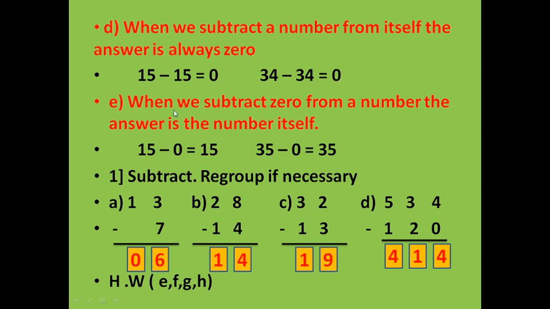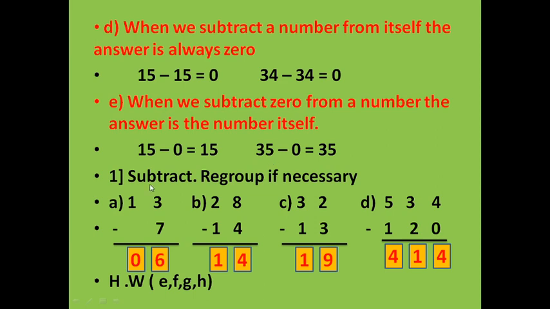And when we subtract 0 from any number, the answer is the number itself. If I subtract 0 from 15, the answer is 15, the same number. If I subtract 0 from 35, it is the same number.